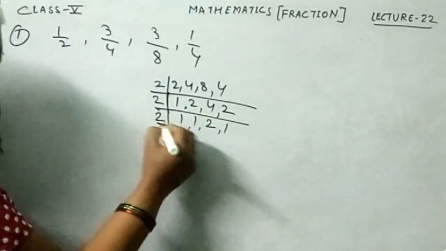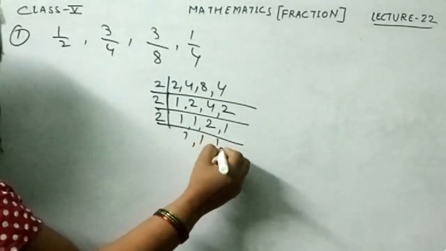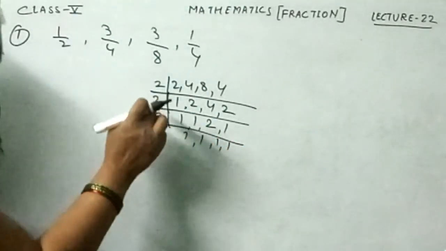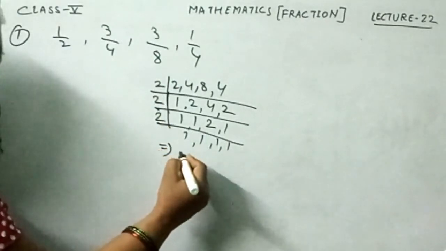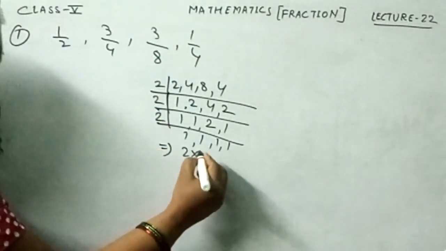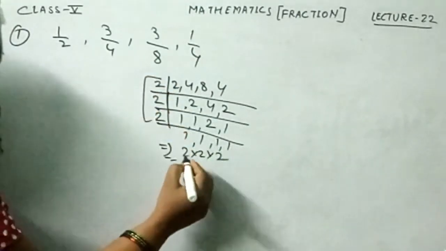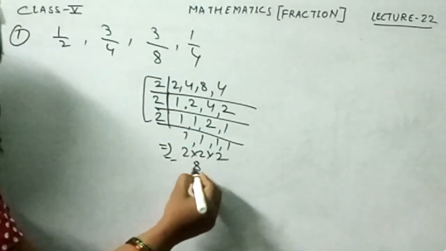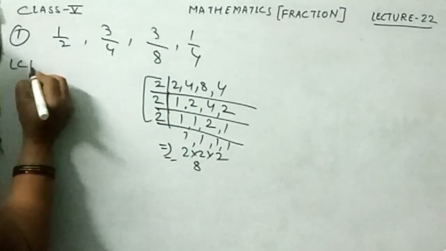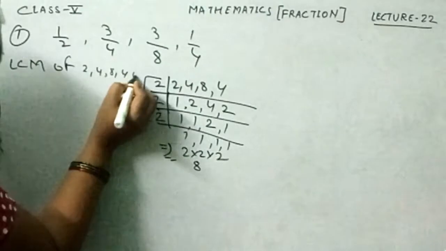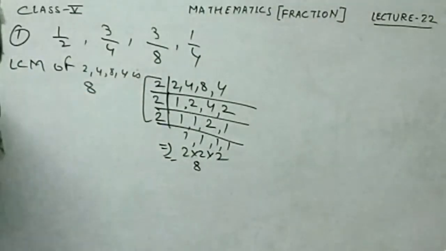Again 1, 1, 1 and 1. So what is the LCM of 2, 4, 8, 4? 2 multiply 2 multiply 2, right? 2 2s are 4, 4 2s are 8. So the LCM of 2, 4, 8, 4 is 8.